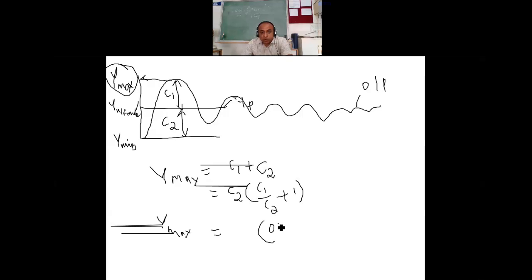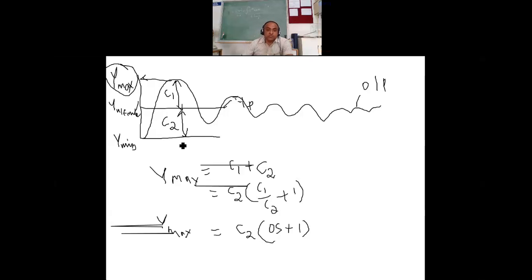C1 by C2 is the overshoot, which you have to obtain from the previous steps and substitute here. Don't put it in percentage. Put it in decimal only, the fraction, point something you get. So overshoot plus 1, into C2.